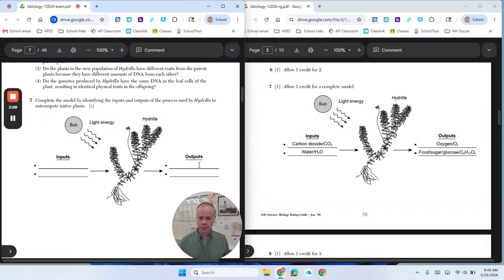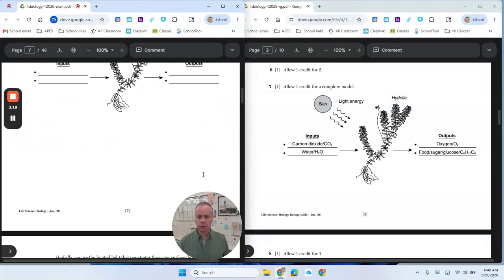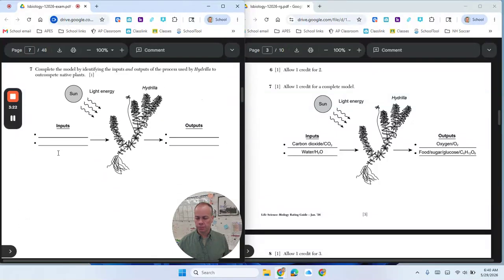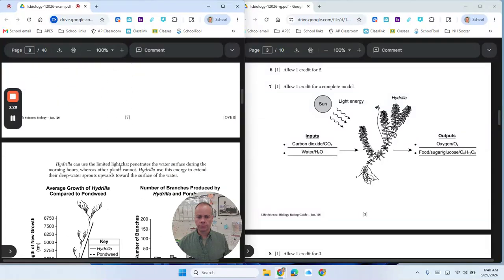And then on the right side, the outputs of photosynthesis, we have oxygen, or O2, and then either food or sugar or glucose or the chemical formula C6H12O6. You have to get all those pieces correct, and you only need to choose one, either word or symbol, for the inputs.